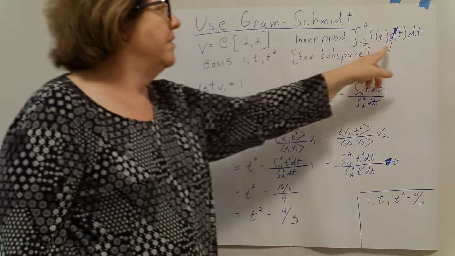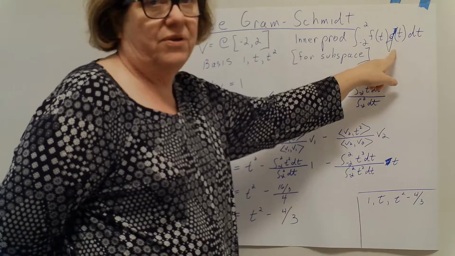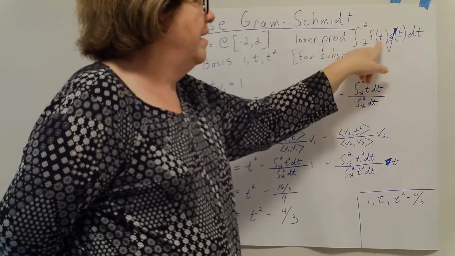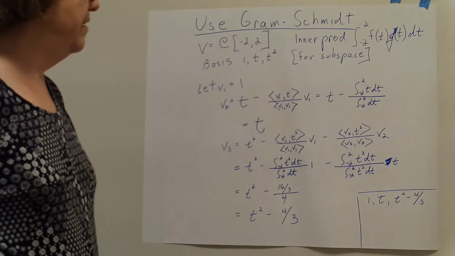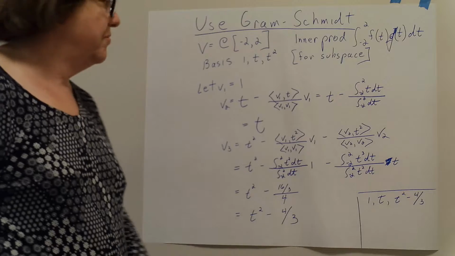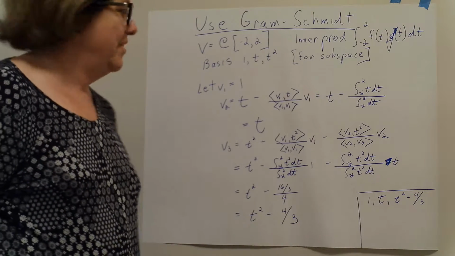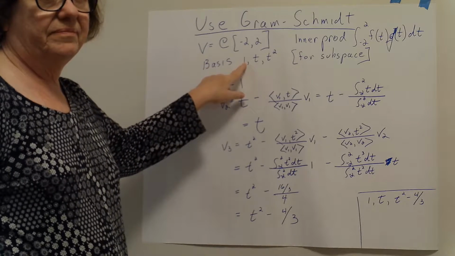And our inner product is like that we've already defined for our function spaces, the integral from -2 to 2, f of t, g of t, dt. Okay, so how do you do the Gram-Schmidt orthogonalization? You let V1 be 1.